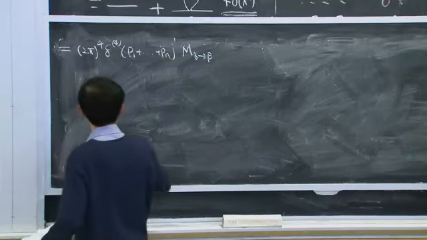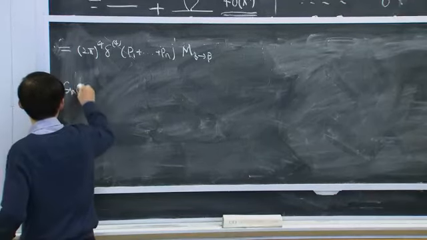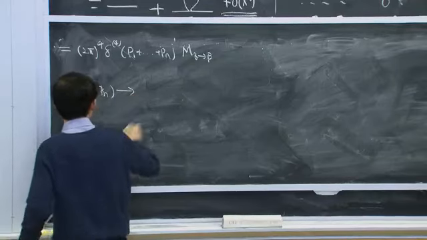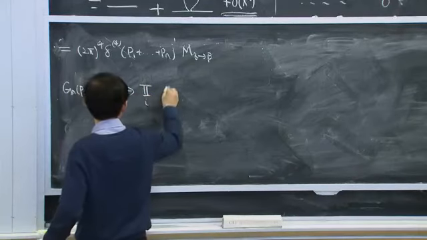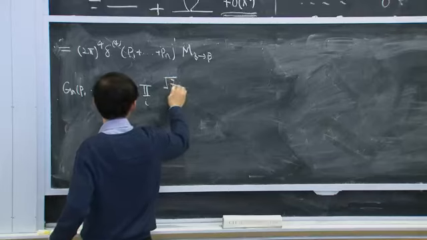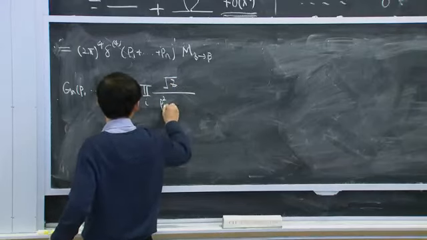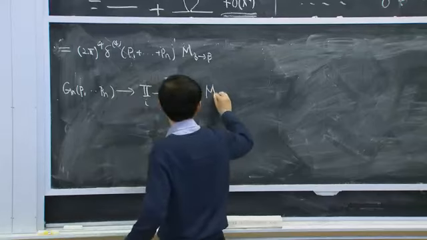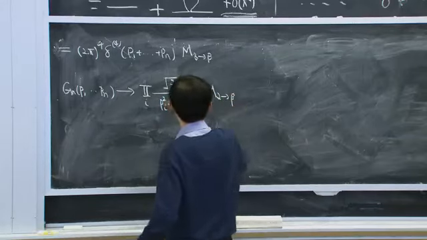And then you find that this Gn of P1 to Pn is just equal to this product of the delta functions, or this factor, and then M alpha to beta.